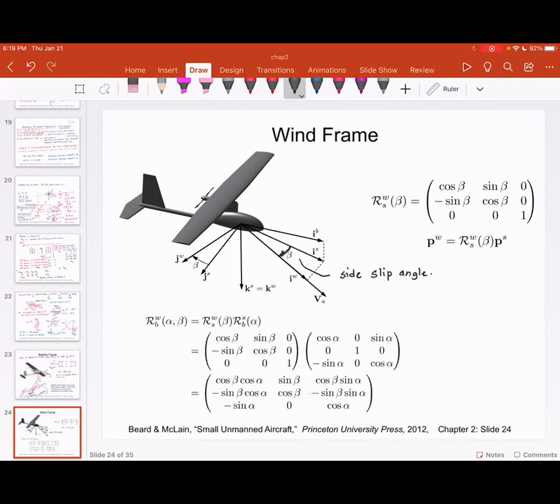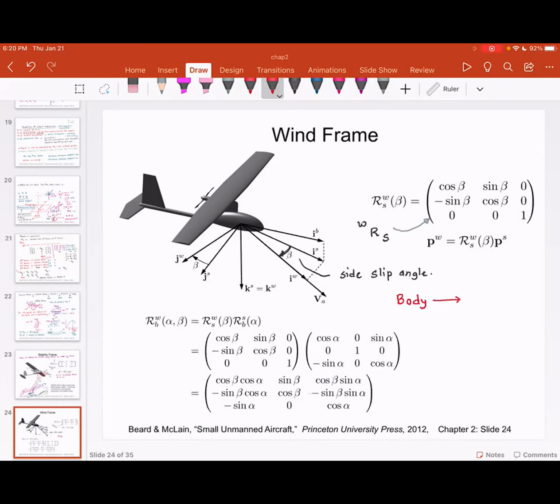So if you were to relate, and again, this is very important, if you want to relate the stability frame with respect to wind frame, you have a rotational transformation matrix that gives you a rotational relationship between the stability frame and the wind frame. So please understand what we are doing: earlier we were in the body frame.